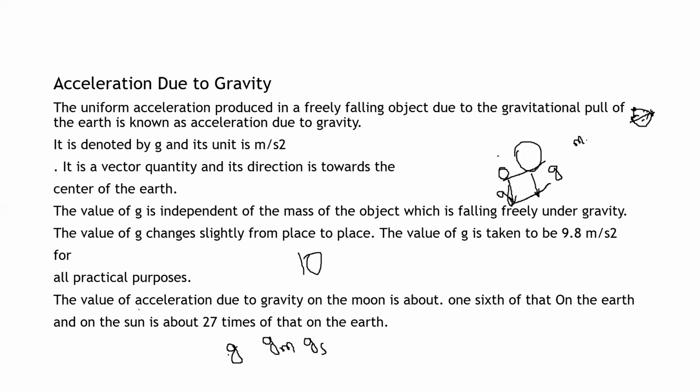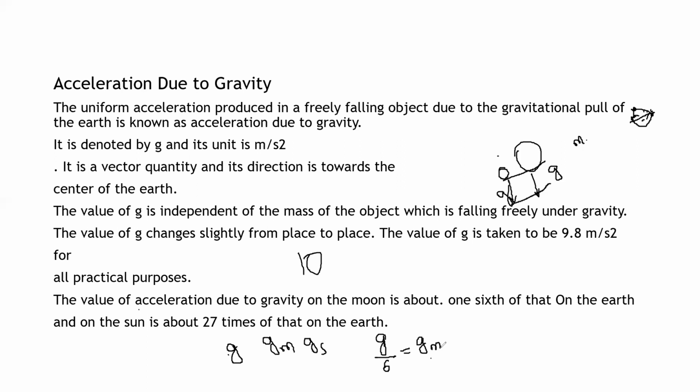Suppose g is the value of acceleration due to gravity on the earth. Then 1/6, that is g divided by 6, is the acceleration due to gravity on the moon.